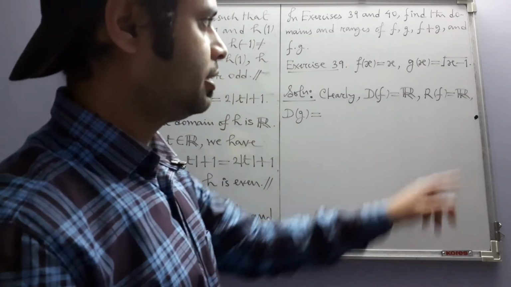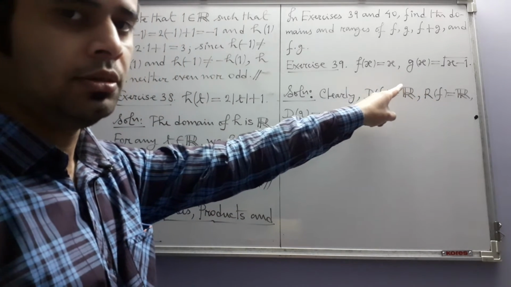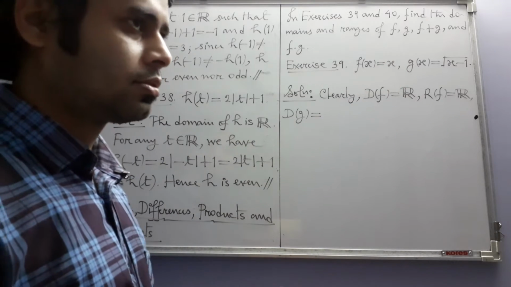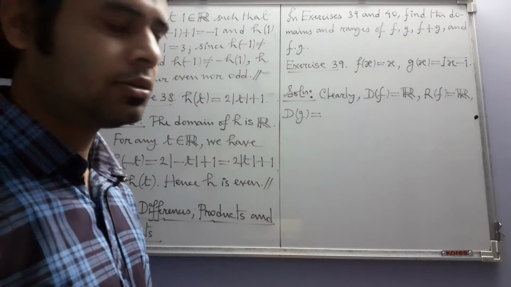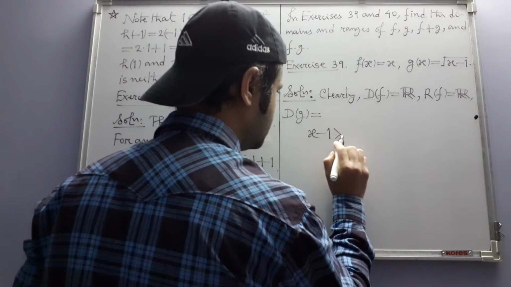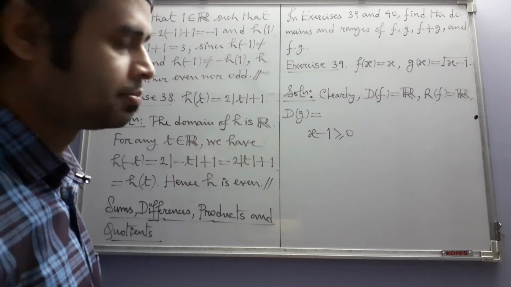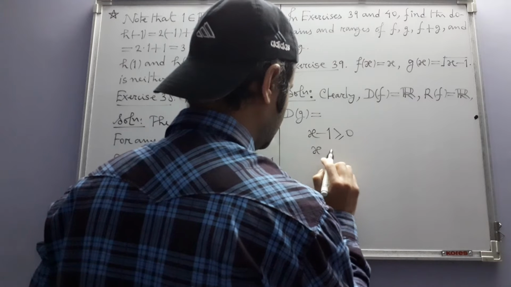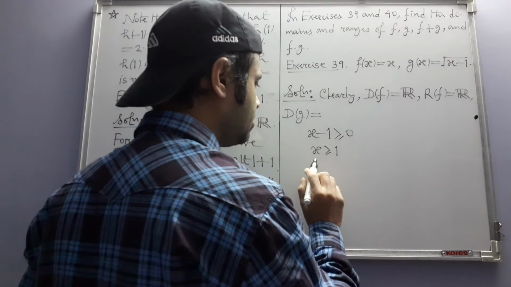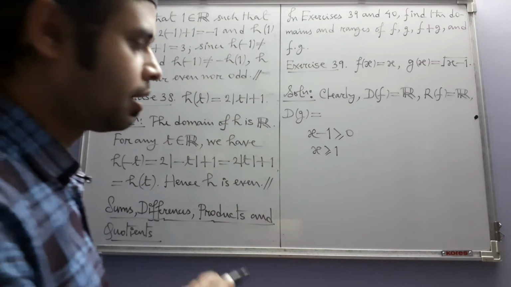you cannot put any real x here. x minus 1 needs to be non-negative, greater than or equal to 0. So that means x must be greater than or equal to 1. We should have this in order for g of x to be a real number. So any real number greater than or equal to 1 is allowed.